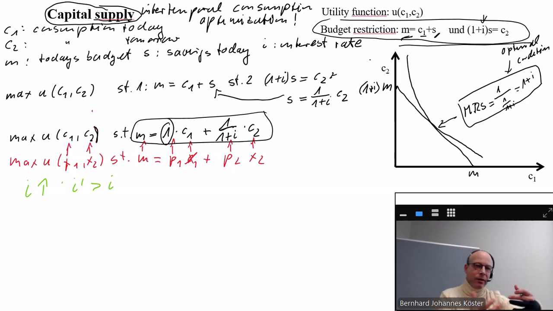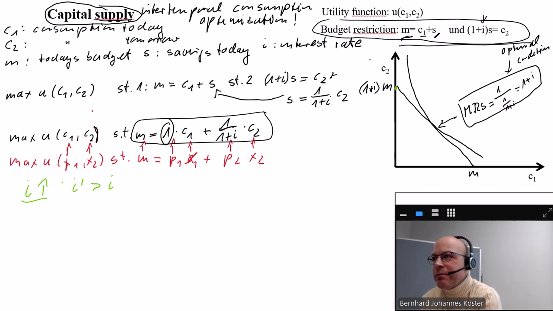Where do I directly find the interest rate in my diagram? Yep, here, times M. So what happens with this cut here, if I assume that interest rates are increasing?